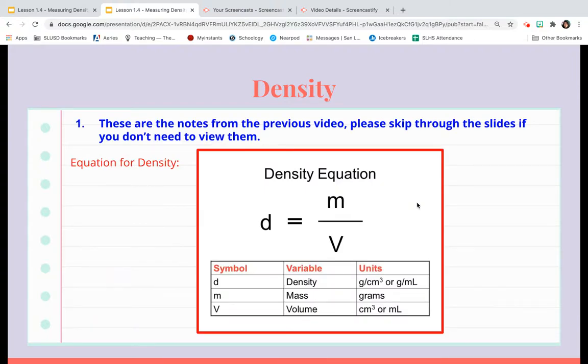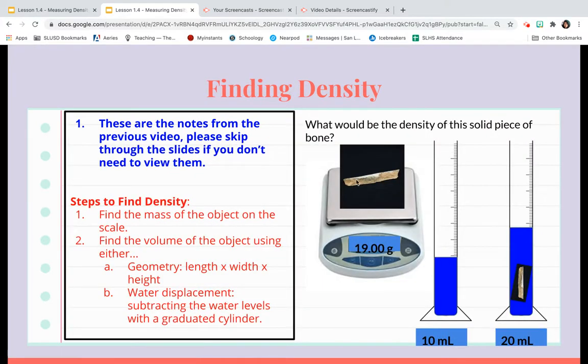How do we calculate density? Well, the equation for density is just mass divided by how much space it takes up, or volume, right? So know that these symbols for density, D is for density, M is for mass, V is for volume. And oftentimes you'll see them in these units, but they might be a little bit different, right?